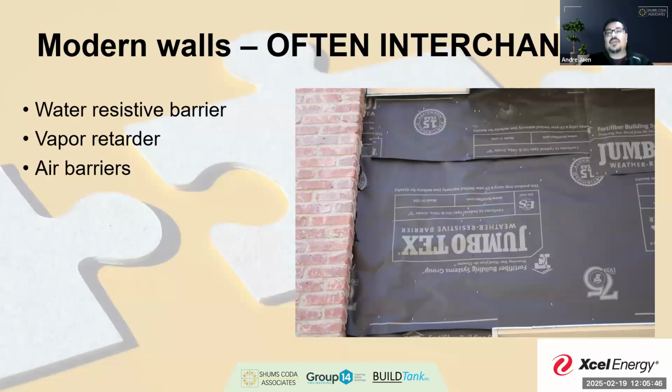So the first thing I want to point out is that we all have to speak the same language. And if we fail to speak the same language, then we're inviting problems through the build process, right? So water resistive barrier, vapor retarder, and air barrier are often interchanged with each other when we talk about wall construction. They're often swapped out or they're often pointed to mean something different than they are. And now this really gets complicated as we invite our other trades to be part of this conversation too.